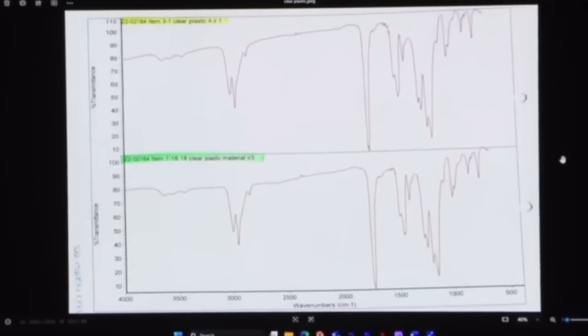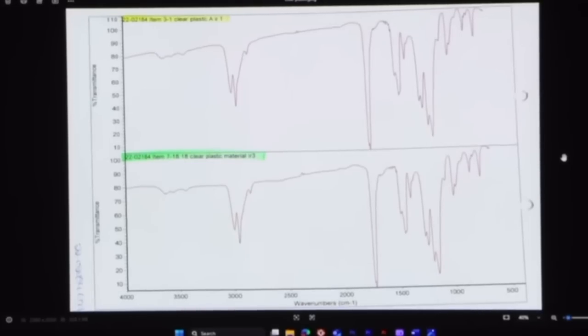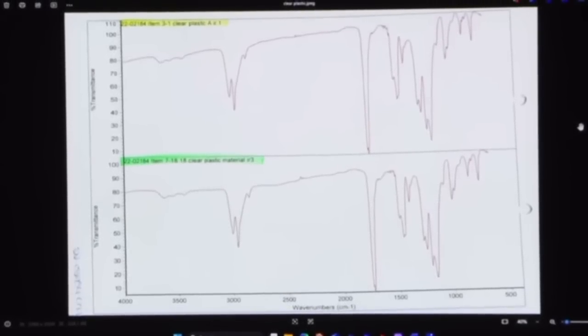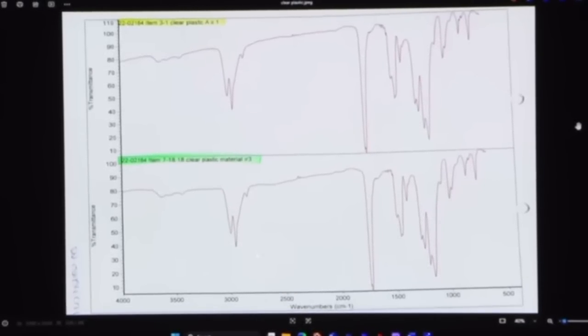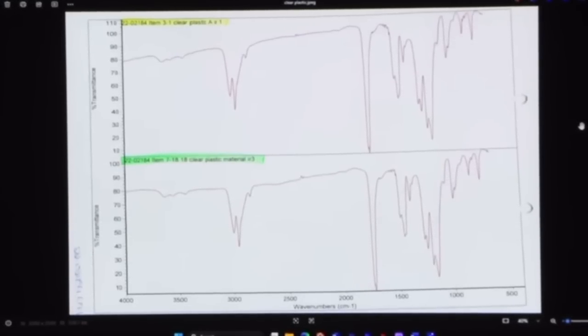So this is the FTIR comparison data of the clear plastic from item 3-1 and the clear plastic from item 7-18.18. And Ms. Hanley, using the laser pointer before you, if you could direct the jury's attention to which is which as far as the top and bottom. The top spectrum is item 3-1, and the bottom spectrum is item 7-18.18.